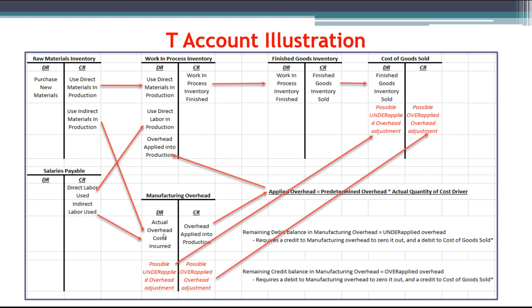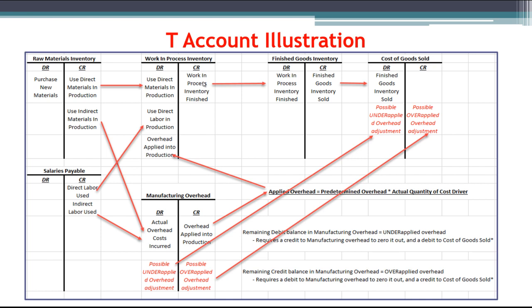The thing to keep in mind is that on the debit side of manufacturing overhead, that's when the actual costs come through. The estimated application of those costs is the credit. We're reducing that overhead account. Again, I have an arrow going over here to remind you of the calculation for applied overhead. You take whatever your predetermined overhead rate was, multiplied by the actual quantity of that cost driver, like direct labor hours. We apply overhead.